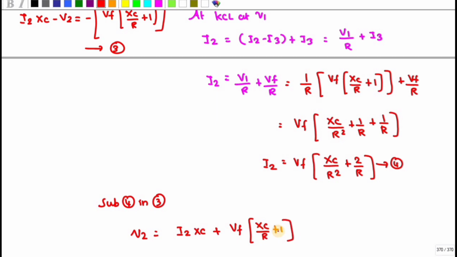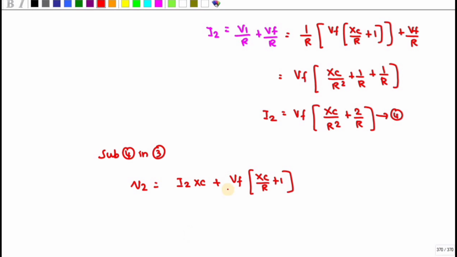So you substitute this fourth equation in this equation: Vf into XC by R square plus 2 by R into XC, plus Vf into XC by R plus 1.